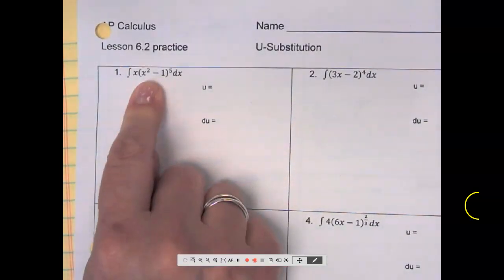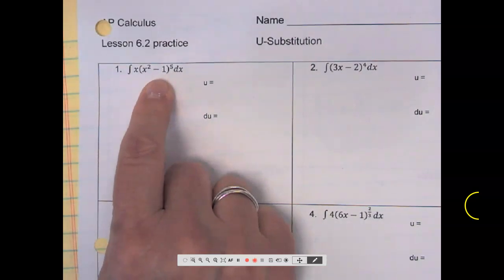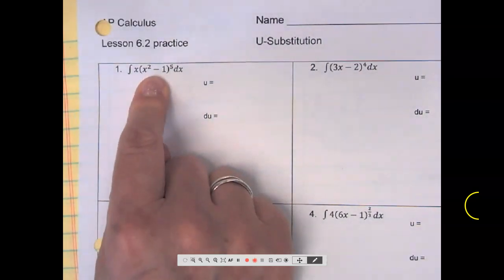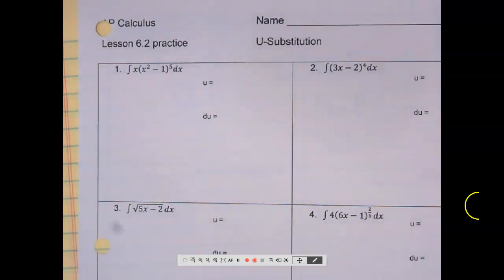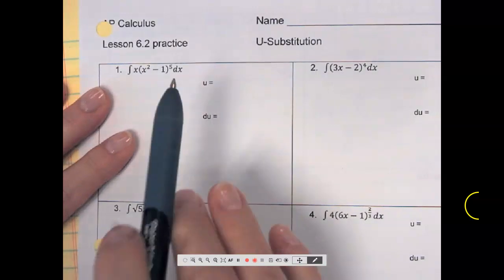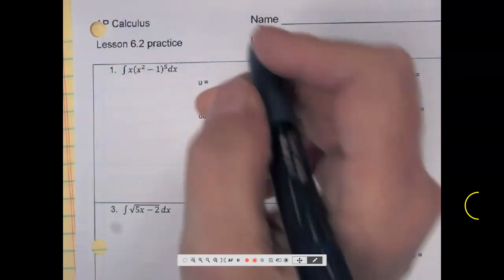Okay, here we go. Here's one option. I could do this to solve number 1. I could multiply that out 5 times and then distribute an x and then go term by term and take the antiderivative. That would take really a long time. I'm not interested in doing that, so I'm going to use u substitution. What should u equal? x squared minus 1. Why?